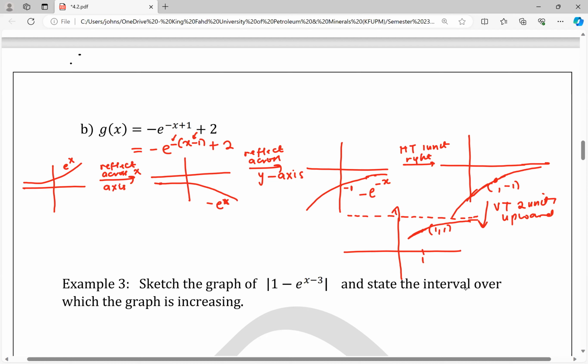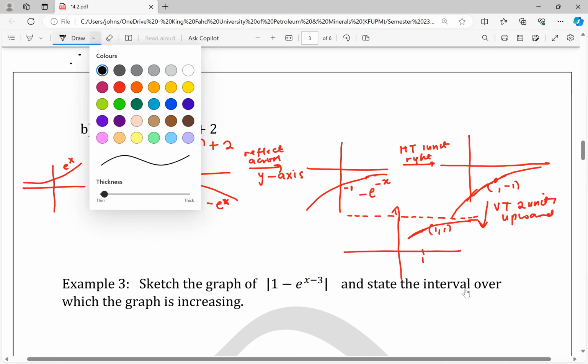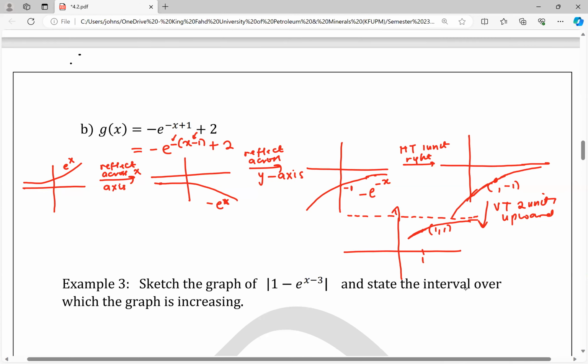But now we also need to know what the x-intercept and the y-intercept are. We can quickly calculate that. So let's see the y-intercept. It means you put x to be 0.